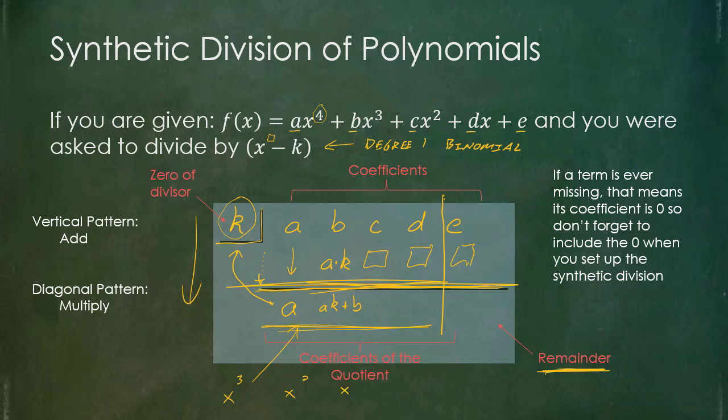Each term counts down by 1 with the power. So if you can figure out what that first power is, each term after it drops by 1. Now, if a term ever happens to be missing, let's say I had x to the fourth, but it somehow skipped over x squared.